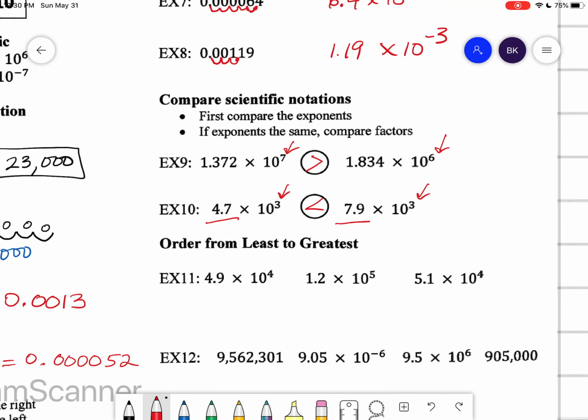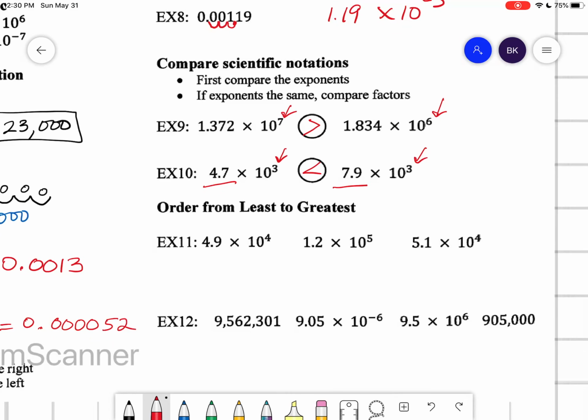And finally, our last part here, ordering scientific notations. Again, we're going to follow the same rules. We're going to compare the exponents and order them from least to greatest in order of exponents. And if exponents are the same, then we're going to take a look at the factors. So 4 and 4 are the same in example number 11.